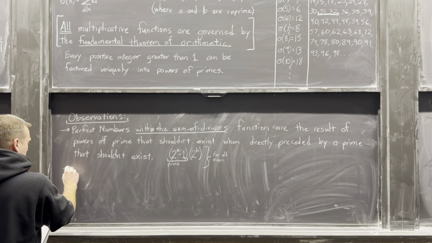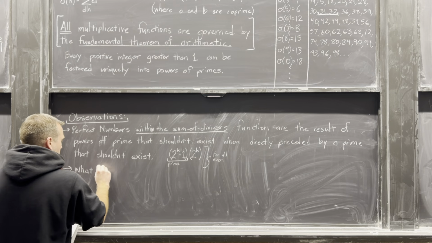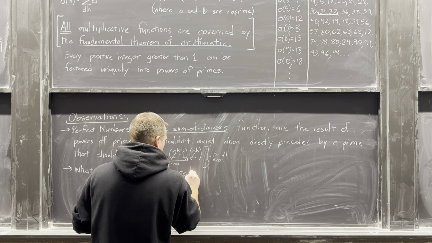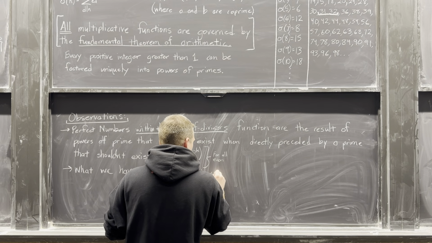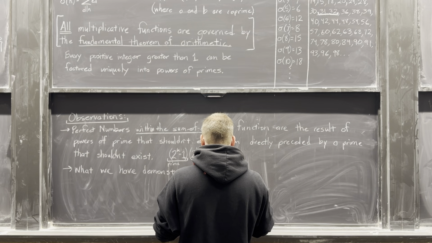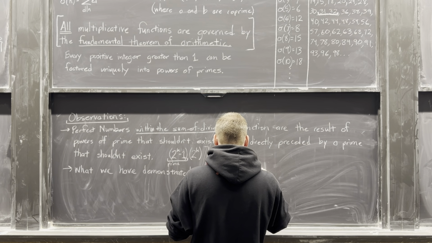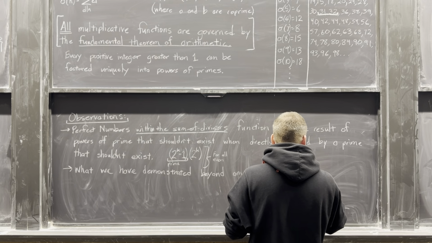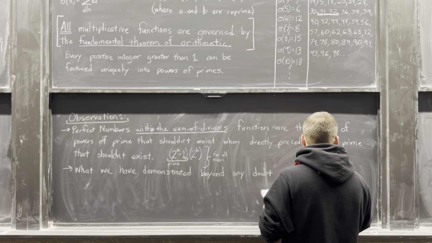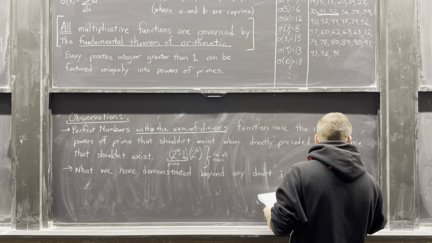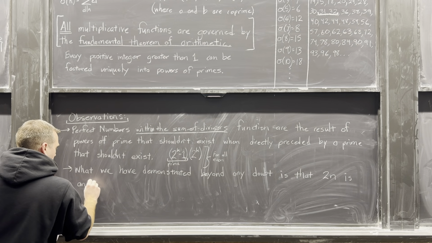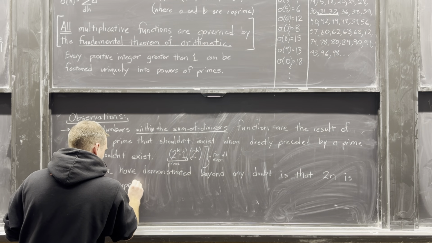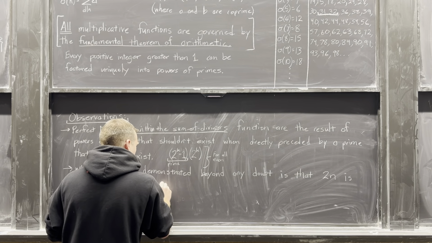So that's one thing, and then the next thing that I want to highlight is what we have shown, have demonstrated, beyond any doubt, is that 2 to the n is an invalid expression within the sum-of-divisors function.